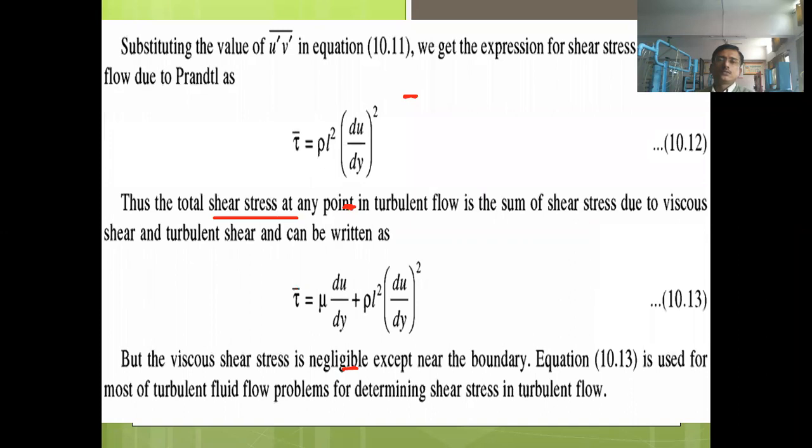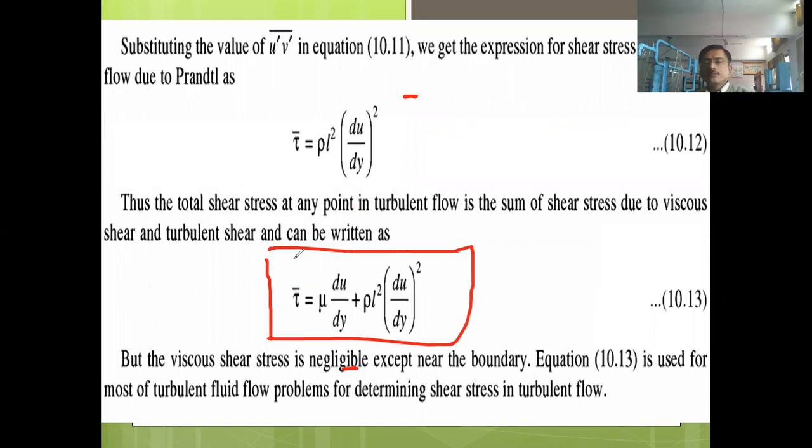Then you can note down this equation: tau bar is equal to mu into du by dy plus rho L square into du by dy whole square.